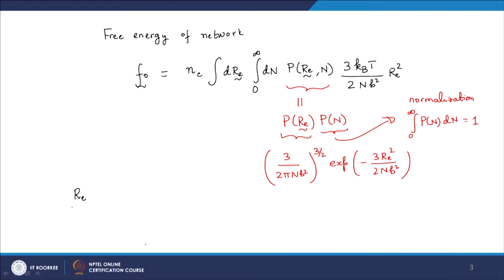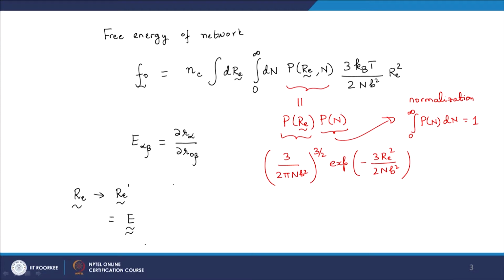In fact, the REs will become some RE prime, and I can write this RE prime in terms of the language of deformation tensors that we have discussed, because just to recall, the deformation tensor is the derivative of the current position with respect to a reference position or initial position.